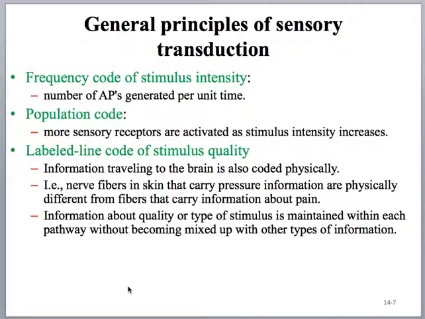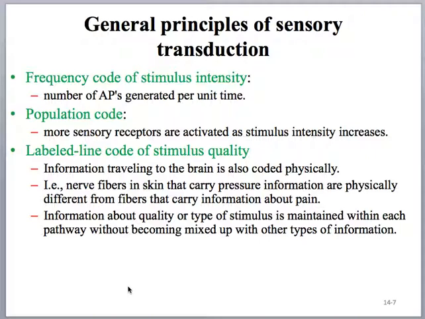In sensory transduction, a frequency coded stimulus is the number of action potentials being generated per unit time. In addition, there is something referred to as a population code, which is that more receptors are being activated as you increase, for example, a touch stimulation or a pain stimulation.